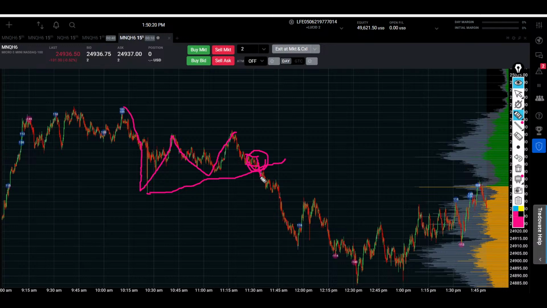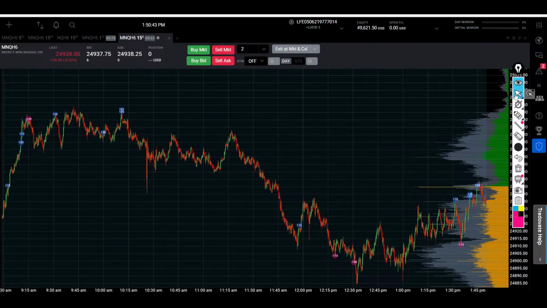And then you go and you enter the trade here, and you do whatever risk reward your system is set up for. Let's see if we can find anything else. Every day you can find something.